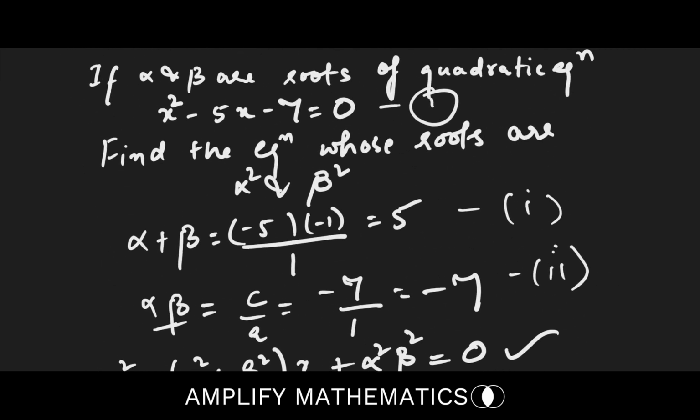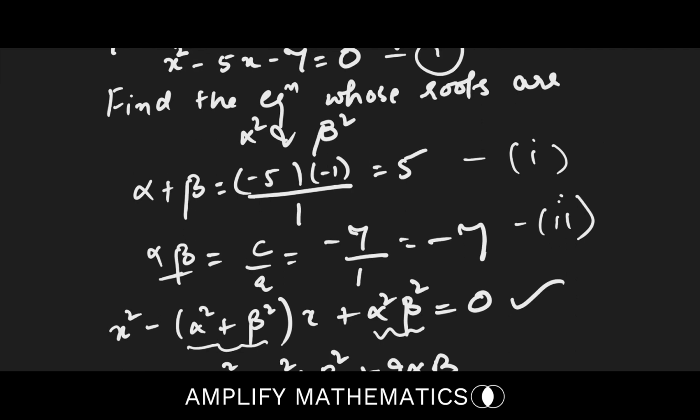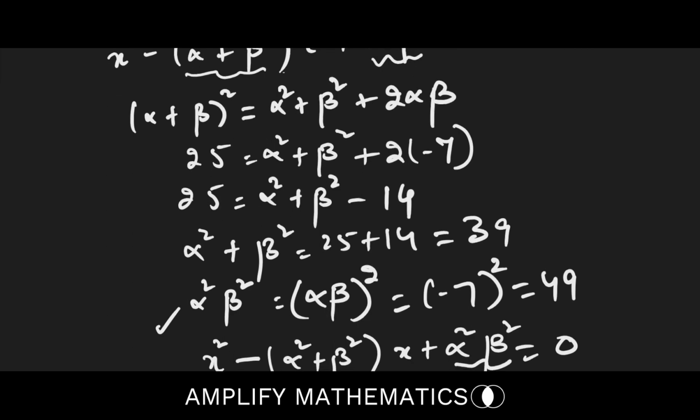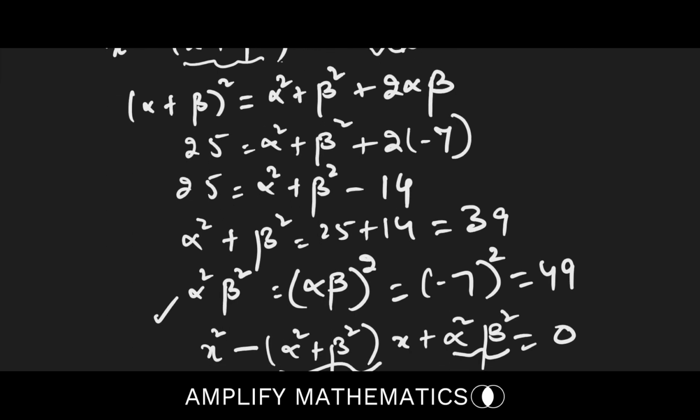So the approach here was, since we were given alpha and beta were roots of this equation, alpha plus beta was minus b by a, which was 5, and alpha beta is minus 7. And then to find out the quadratic equation with roots alpha square and beta square, we wrote x square minus (alpha square plus beta square) into x plus alpha square beta square equals 0. And we could find both of them using some calculations which is already there in the video.